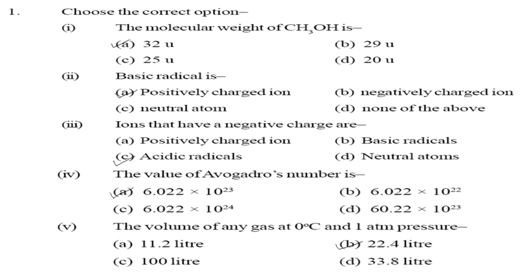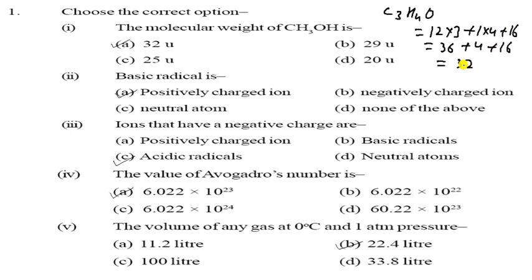Let us see the choose the correct option questions. The molecular weight of CH3OH. So you can write C, H4, O. Carbon is 12, hydrogen 1 into 4, plus oxygen 16. Something is wrong here, carbon is only 1.